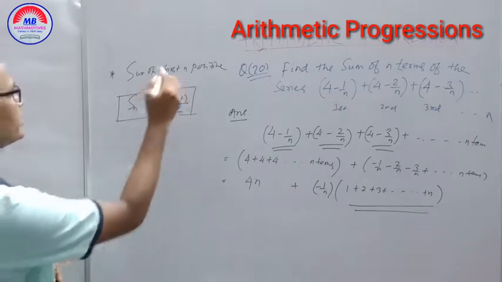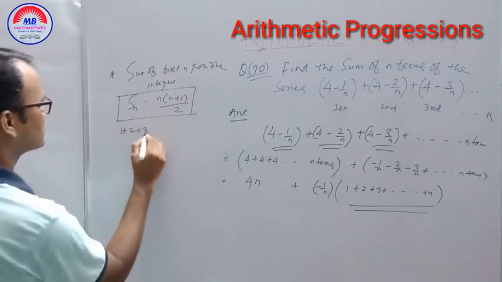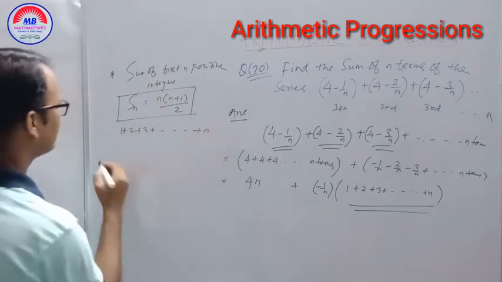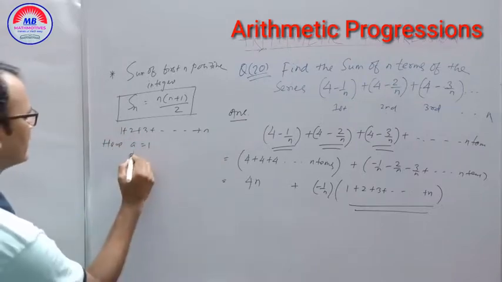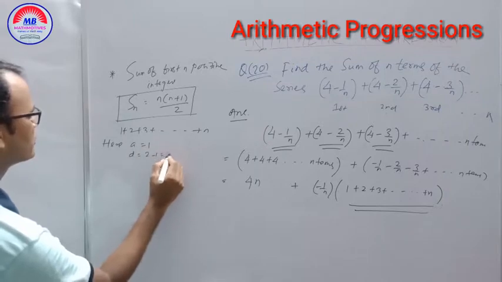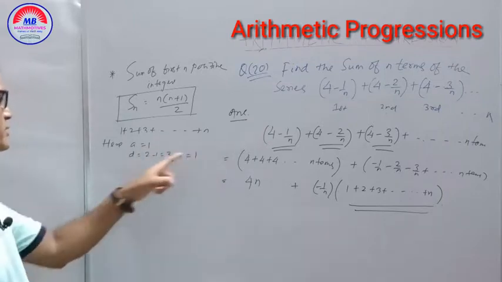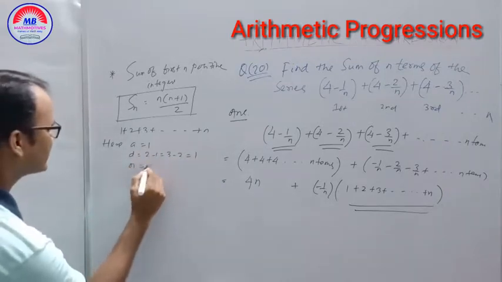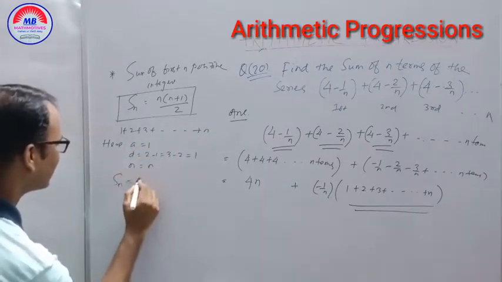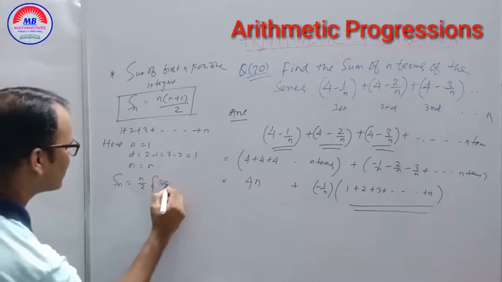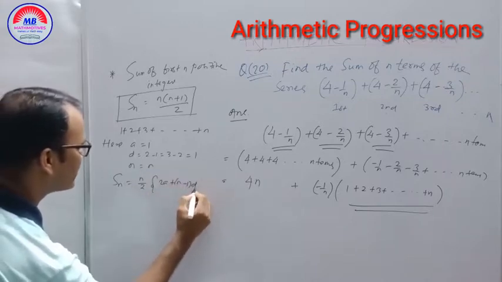How? If we write 1 plus 2 plus 3 up to n, here a equal to 1, d equal to 2 minus 1 equal to 3 minus 2 equal to 1, and there are n terms, 1 to n. Then Sn equal to the formula n by 2 into 2a plus n minus 1 into d.